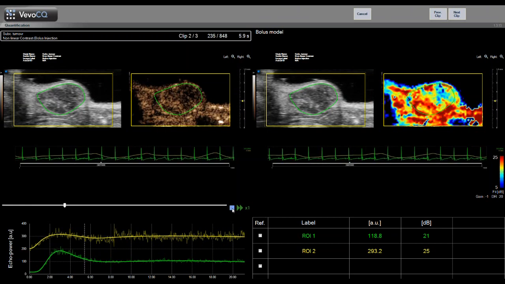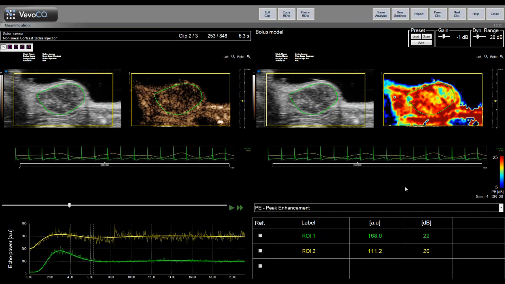Then you can select different parameters also. There's peak enhancement, as I just showed you earlier, peak enhancement as a relative measure of blood volume in your area of interest. And you can add up to 4 different regions of interest in your video clip to analyze.